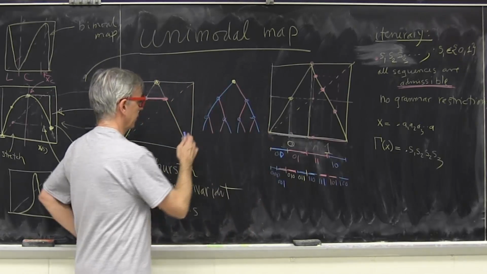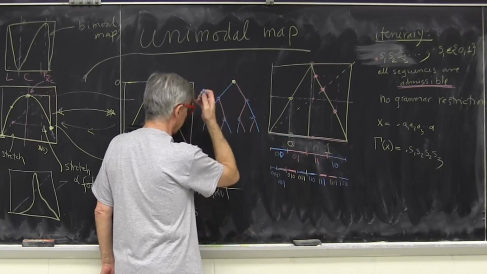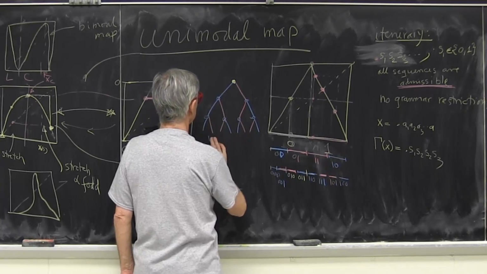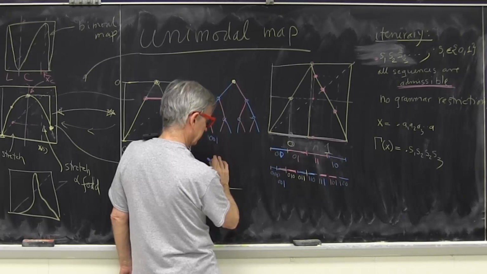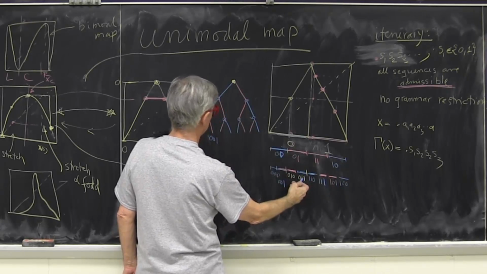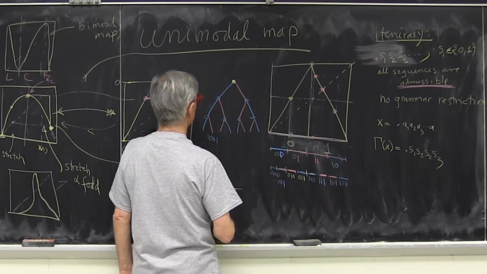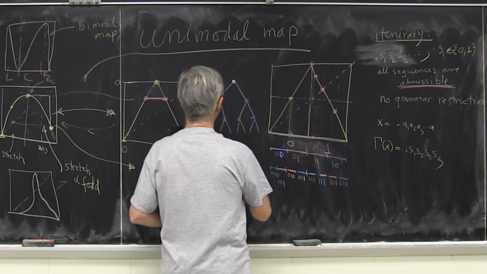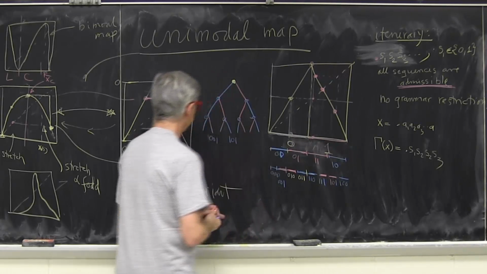So I can just read the temporal order, the spatial ordering. So I know that the sequence which is called 0, 0, 1, the way I'm reading them, this guy, is to the left of the sequence which is called 1, 0, 1.